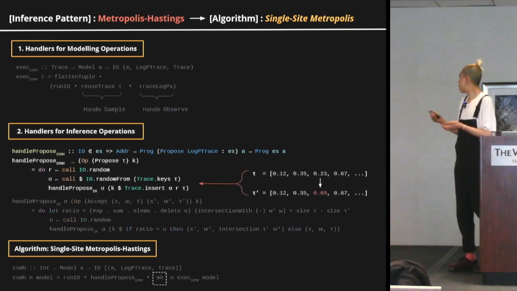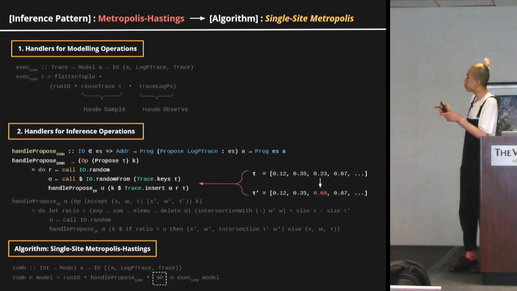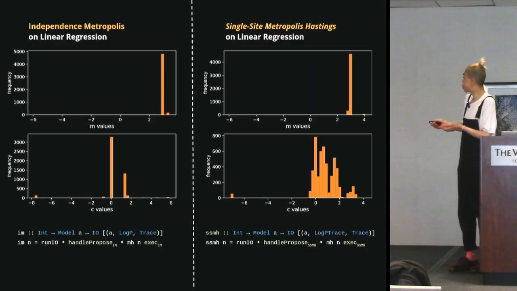Here, I'm only going to generate one new sample r for some random address alpha, and we'll keep the rest of the trace exactly the same. So the chance of this being accepted then comes down to this one sample being better than our previous one. If I instead run this on linear regression, on the right-hand side, you can now see that we accept far more samples for c especially.